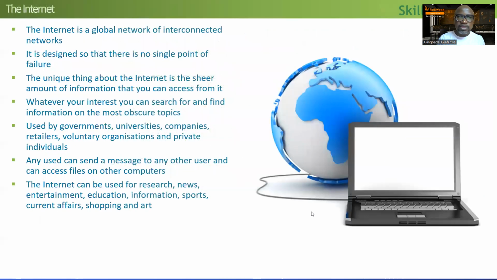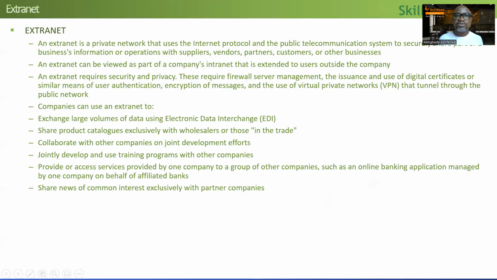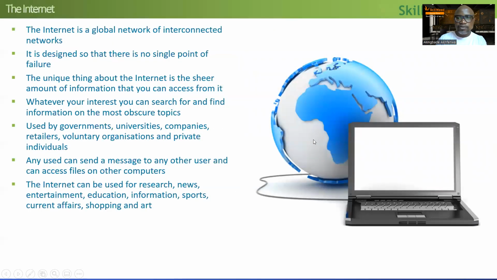Extranet is just mostly a private network within your environment as a whole. So that's what an extranet is. Internet, of course, we all know what that is. Connectivity of multiple networks on a global scale at this point. Because it's connected globally, it comes with its own risk.